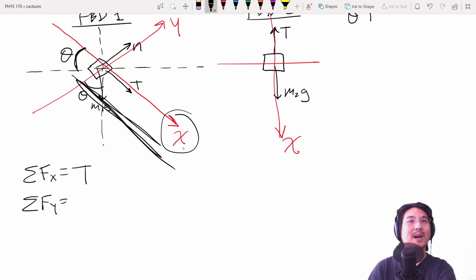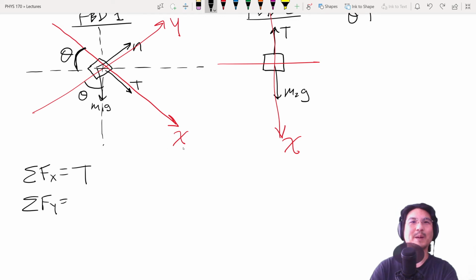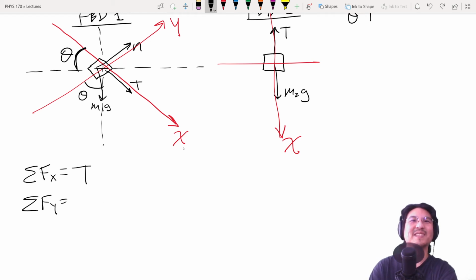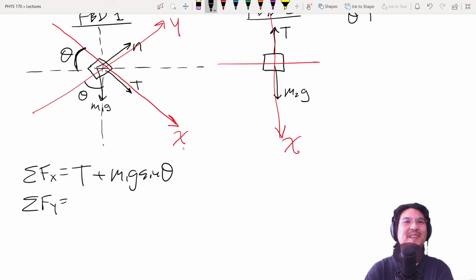And notice that's opposite the angle, right? Opposite means sine. Okay, what's the x component of this? Nothing. Oh, I wrote this in the wrong place. Over here, plus sine. Okay, the x component of this is nothing. And then that's it. Mass times acceleration.